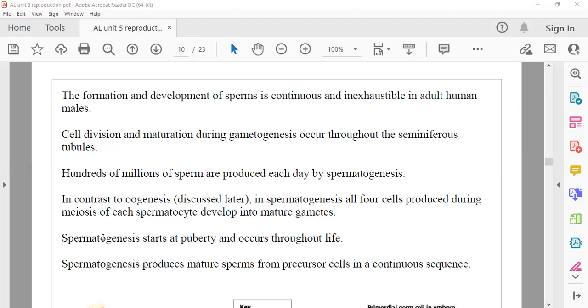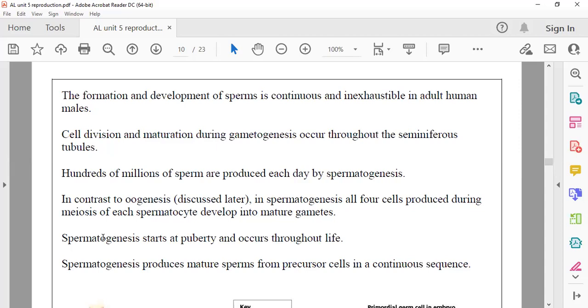So spermatogenesis starts in which stage in a person? Puberty. Like females, in males also there is puberty. Only one thing, male puberty cannot be easily recognized from outside. Due to that reason, we don't celebrate male puberty.